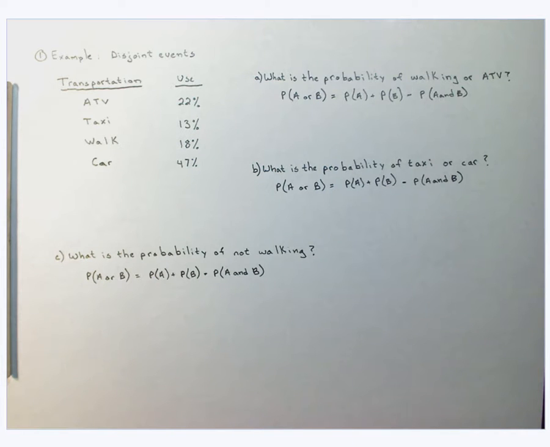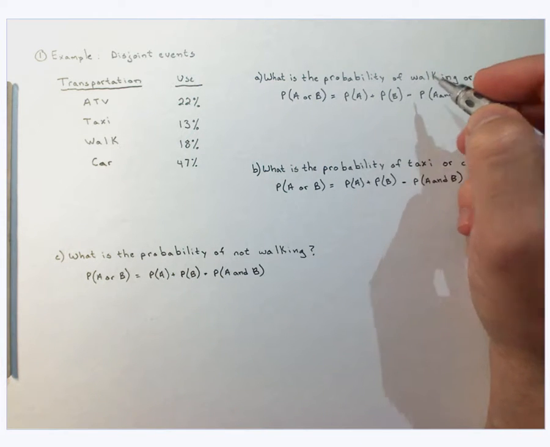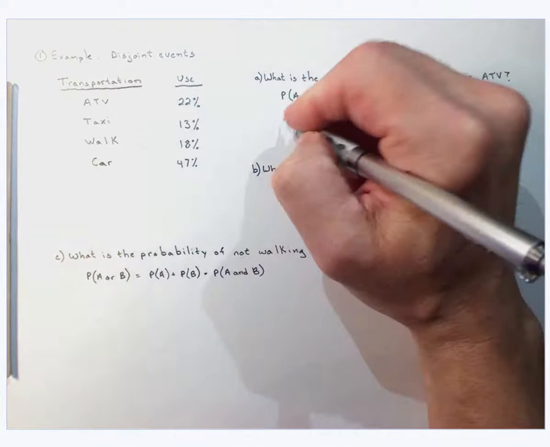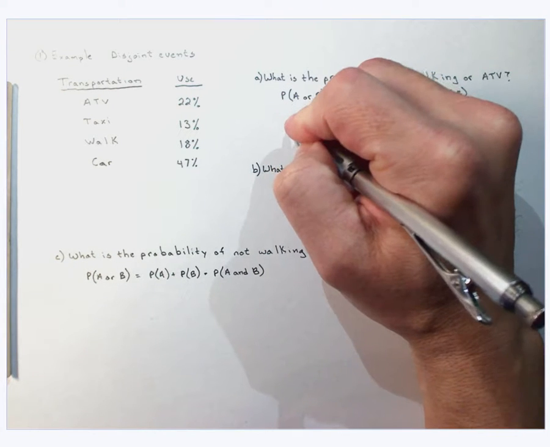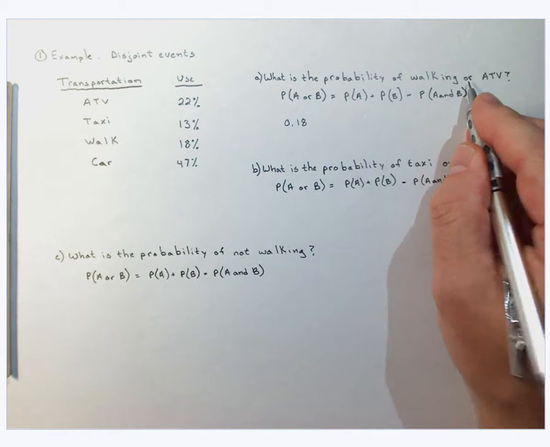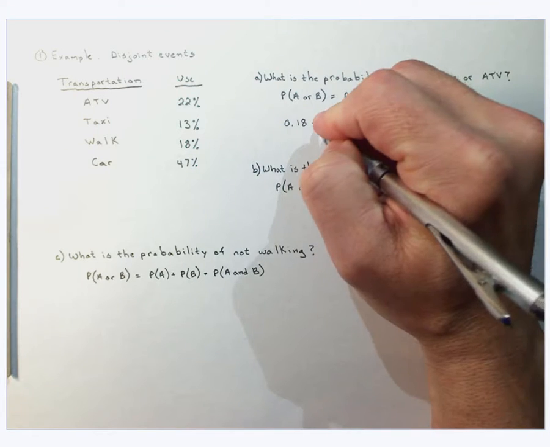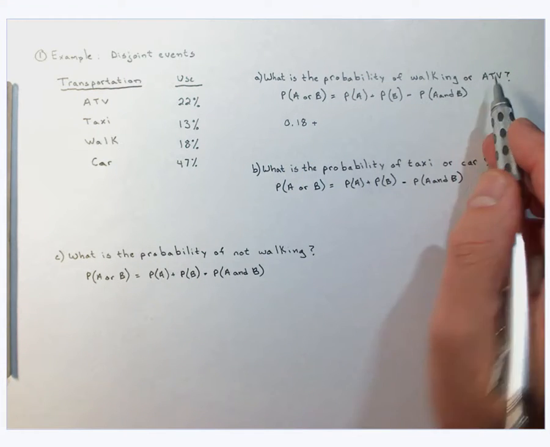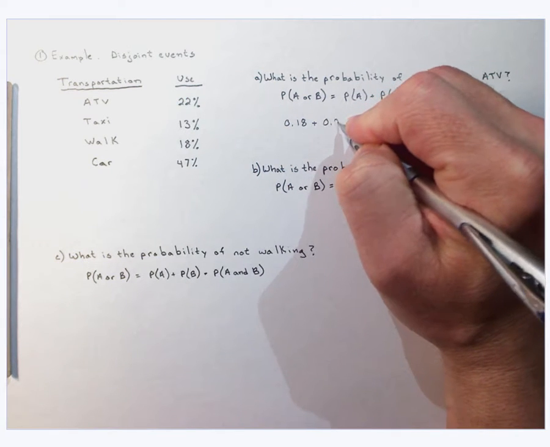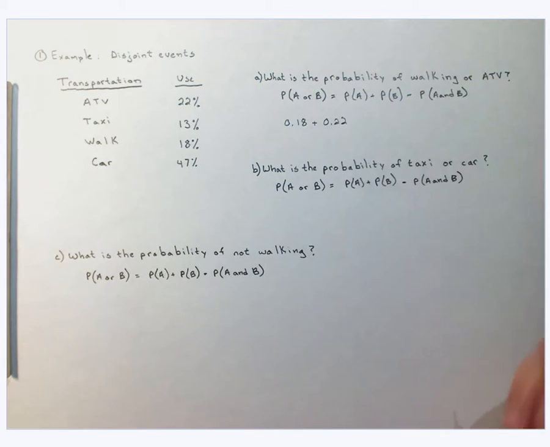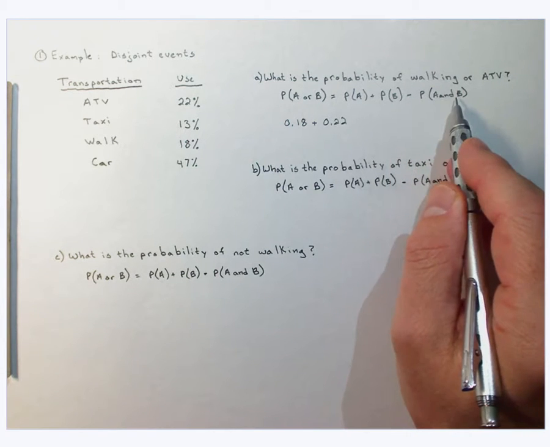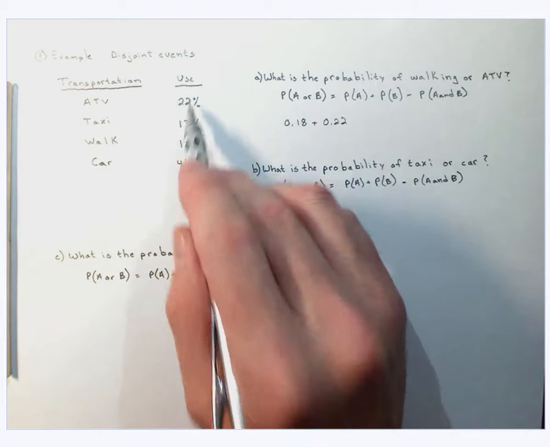Well, the probability of walking is 18%, so that is 0.18. Or, what does or mean? Add, or ATV, 0.22. This is my probability of doing either one of those events. But here I have minus the probability of A and B. Well, there is no A and B in here.